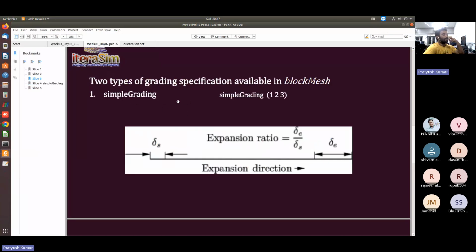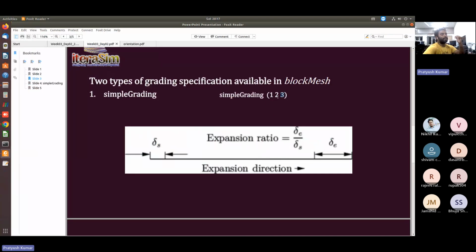This image I have taken from the site that I have shown you. In simple grading, generally you find 1 1 1. It means that in the 3 directions, x y z, you are giving uniform grading. When you type 1 1 1, in all directions you are specifying that the cell spacing will be distributed uniformly.